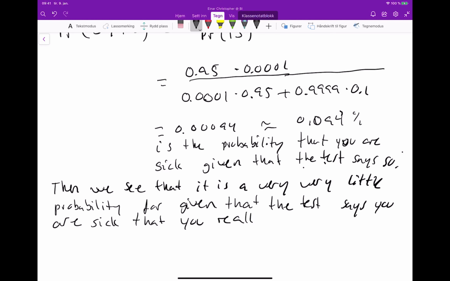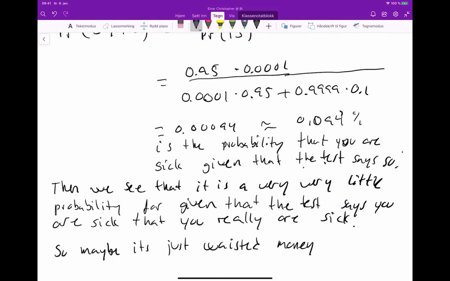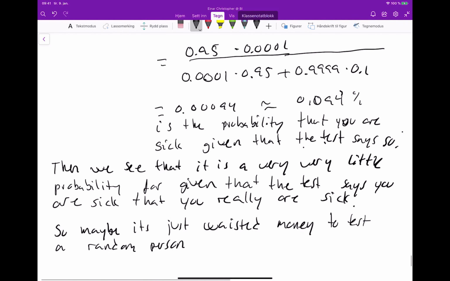That was bad English, I think. So maybe it's just wasted money to test a random person, but of course if the person has symptoms it will be otherwise.